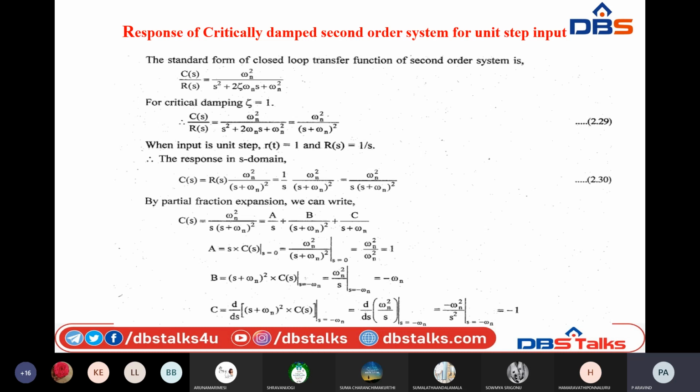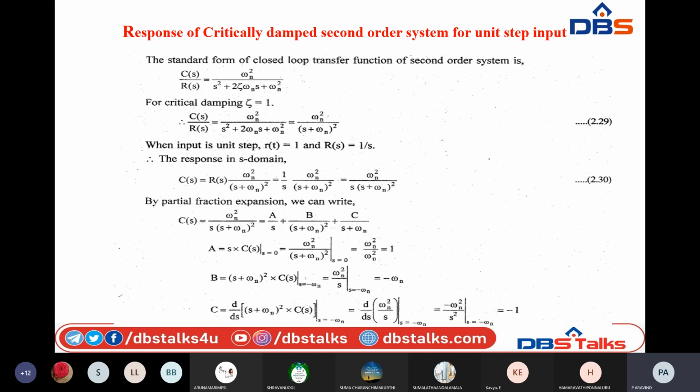So simply we are going to substitute the zeta value in the transfer function. So C of s by R of s equal to omega n square by s square plus 2 omega n s plus omega n square, which is equal to omega n square by, simply it is in the form of a plus b whole square, so we have s plus omega n whole square. That is equation 2.29.